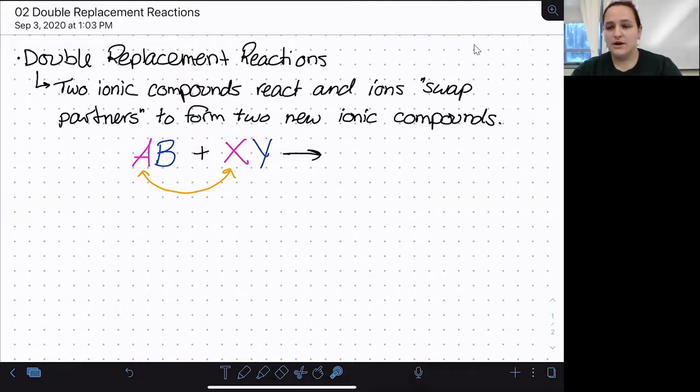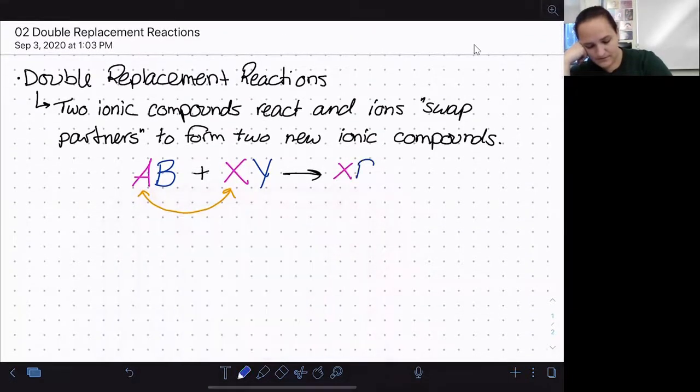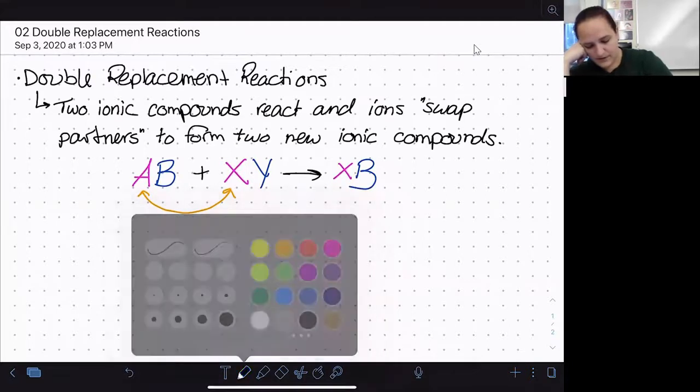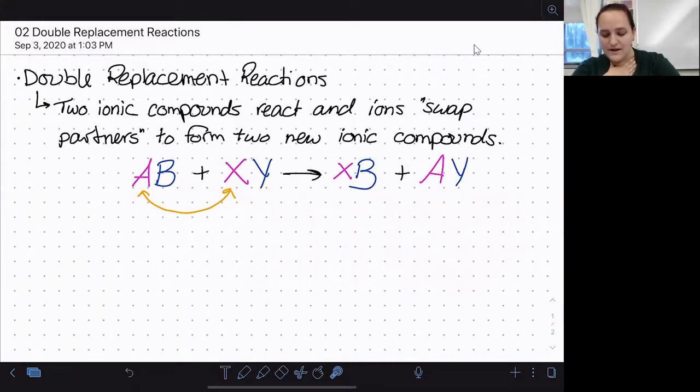So it doesn't really matter how you think about it, but as I've drawn it, I'm taking the cations and swapping their places. So that in my products, X is now going to end up with B, and A is going to end up with Y. But our products are still ionic compounds, so each one of them still has to have a cation and an anion.